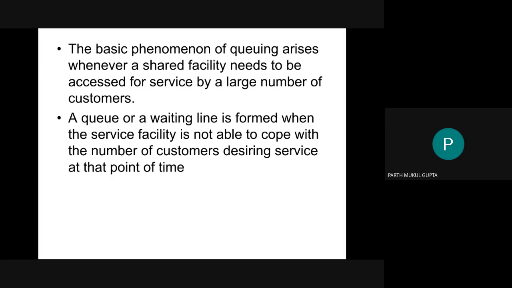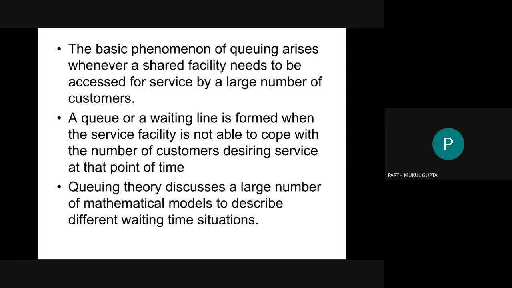This is the disciplined way to get service. Now, queuing theory discusses a large number of mathematical models to describe different waiting-time situations. In this chapter, we will study different conditions with different architectures of the system, where we have to make a queue.